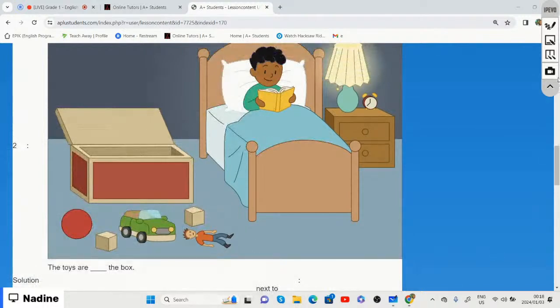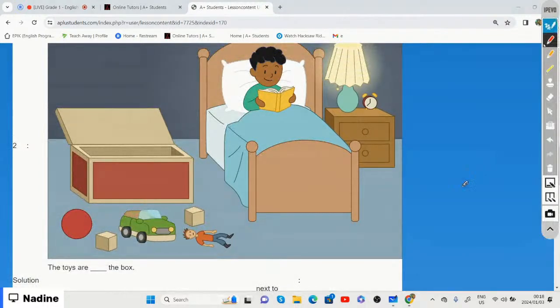All right, so we can then basically say if this is the box, then the toys are laying in front of the box. Right, so this is basically in front of, because here we have the box and these toys are laying in front of the box.